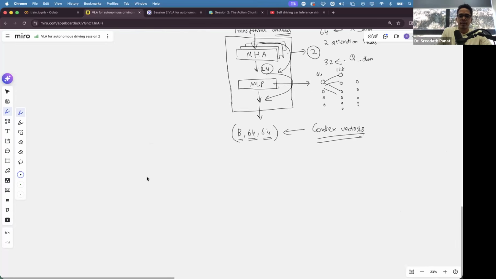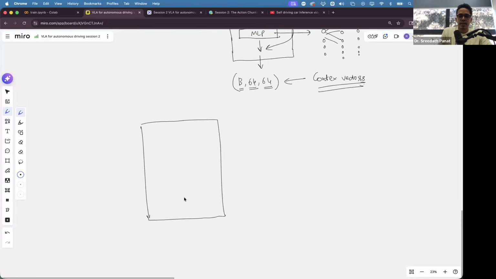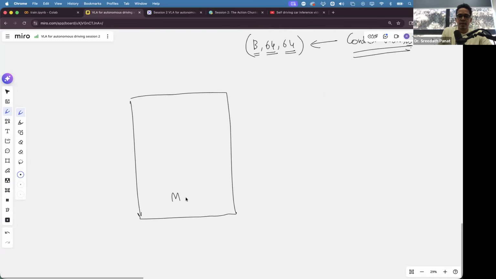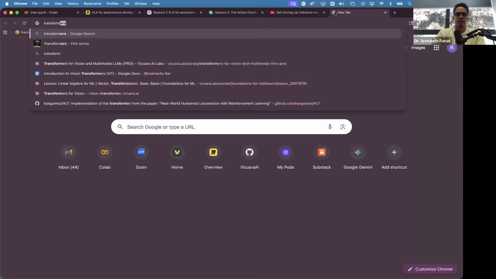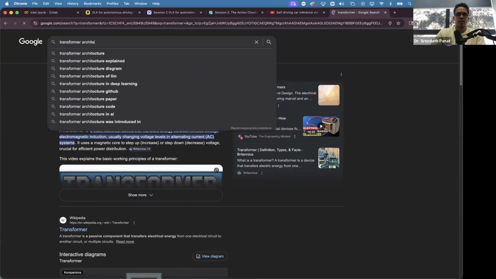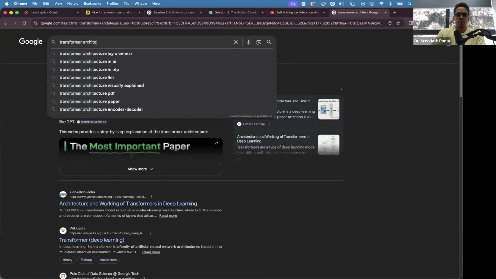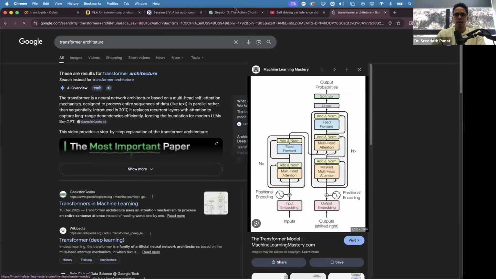So let me draw the decoder over here. Let's say multi-head self-attention. I'm not sure if it is pre or post normalization in this case. Let me check the normal transformer architecture, because I have been doing both recently. Okay, so it's post normalization.